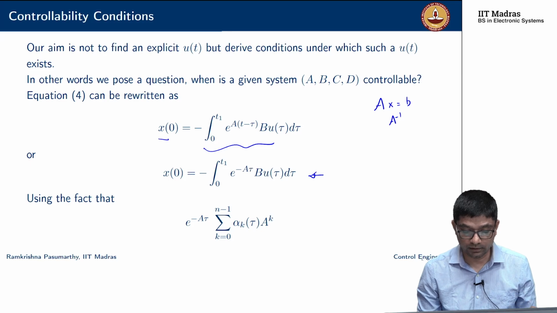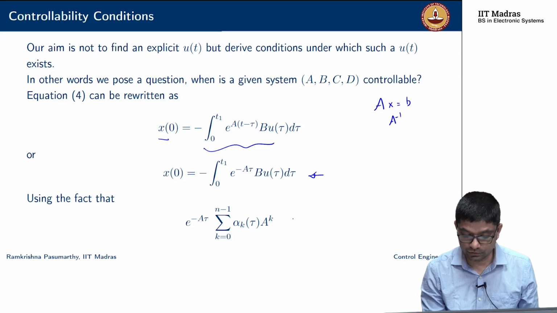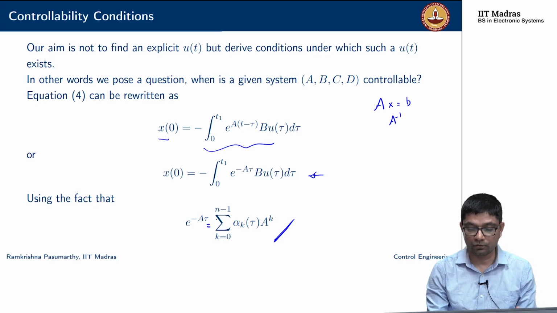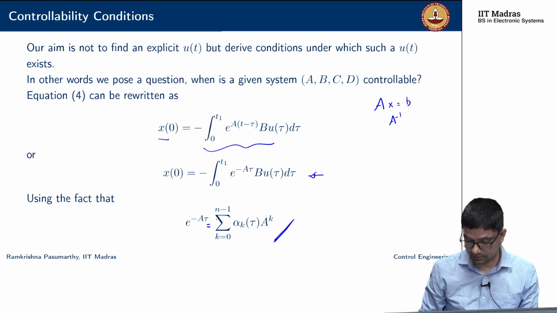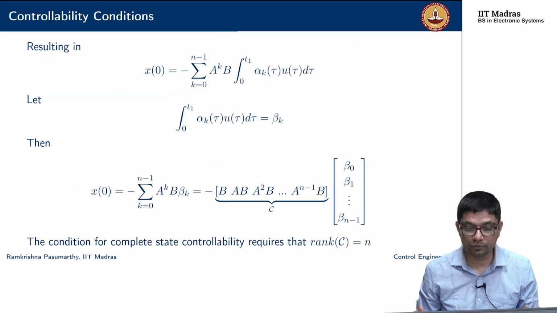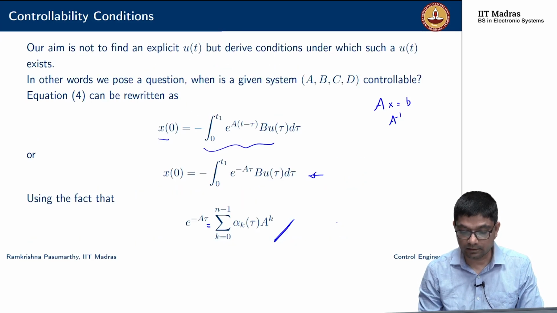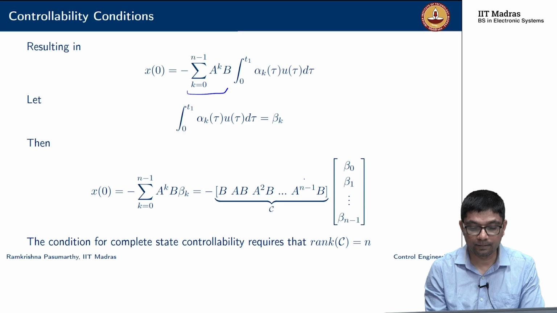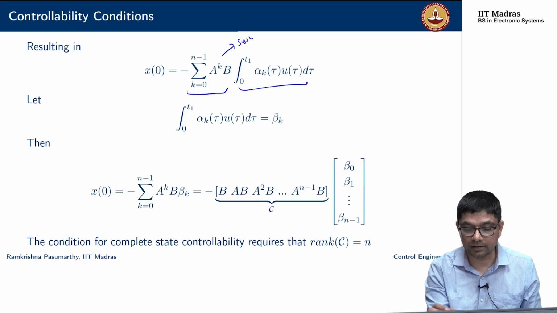What I would do here is use the fact that I can expand e power At as something like this. Of course, I will not go into the derivation of this, but it should be easy to check. So in that case, we have e power A tau, and I just have terms here. These are just the system properties, and the unknown now sits inside here.